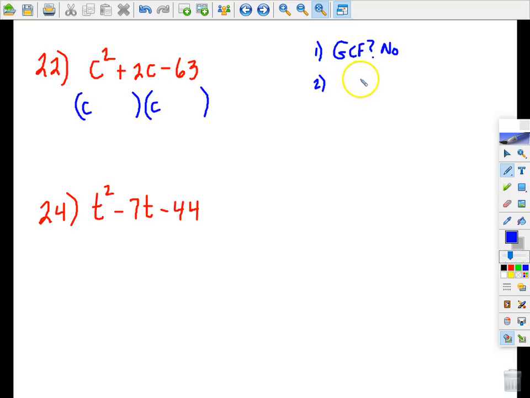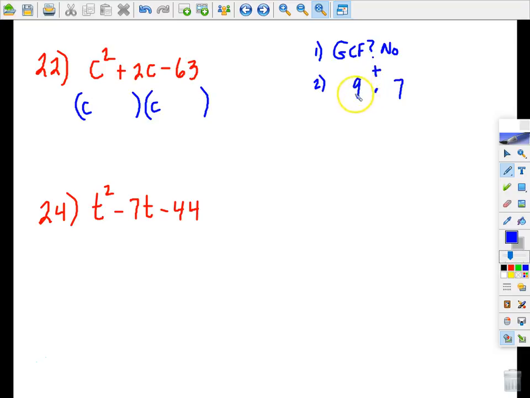But I do know that 9 times 7 is 63. Now this needs to be negative 63, so one of these numbers will have to be negative. One of them negative, one of them positive. But I've got to keep in mind that when I add these two together, I'm supposed to come up with positive 2. Okay, so that helps me with my signs.